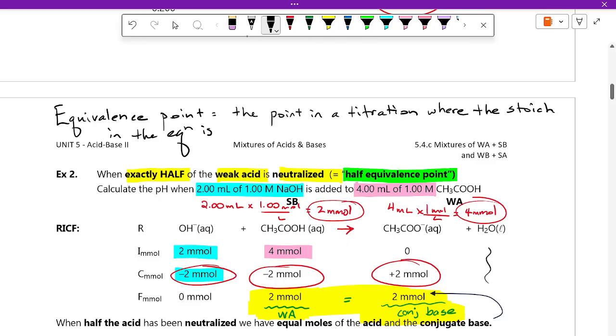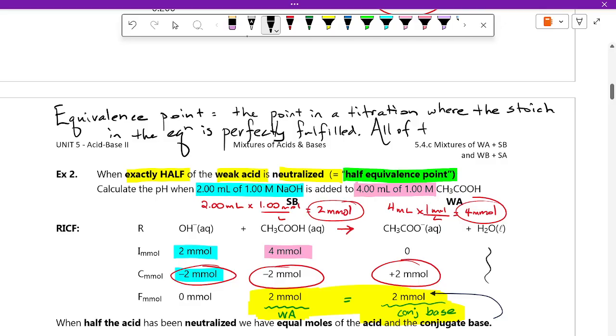What else could stoich stand for? The stoichiometry in the equation is perfectly fulfilled. What does that mean? It means that all of the sample has been reacted and there is no excess analyte or titrant.